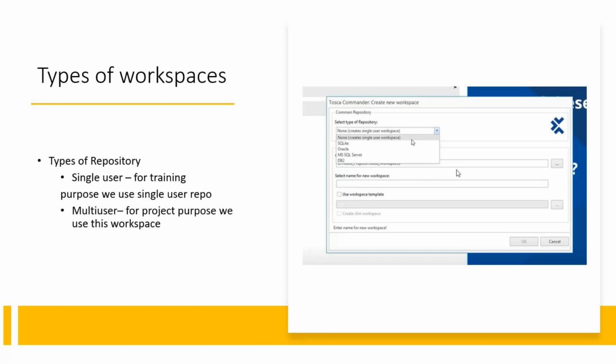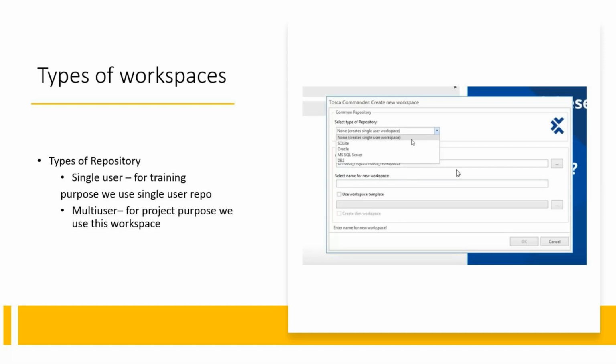When you're in a project, you will be using the multi-user workspace, because you have to integrate all your test cases with your team, and maybe someone is going on leave, or on sick leave, or is going out of the project. Then you have to see what all he has been working on, and he has to know what all you are working on.